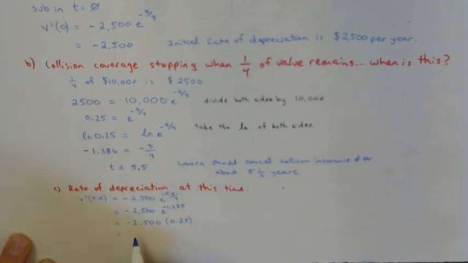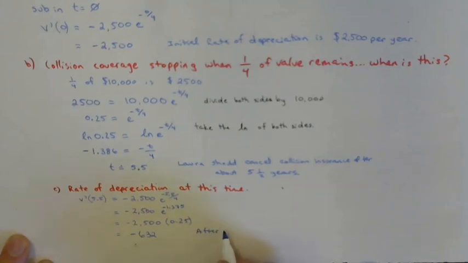And then you can multiply those together, you'd get negative 632, which tells us that after 5.5 years, the rate of depreciation is about $632 per year.